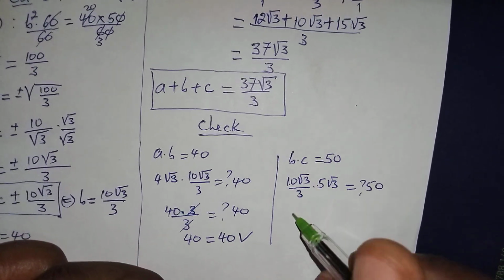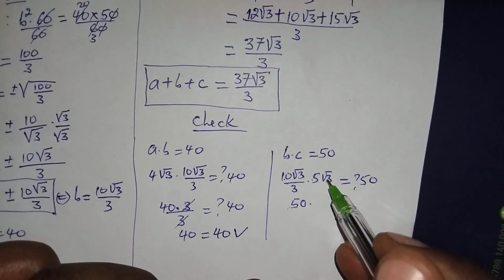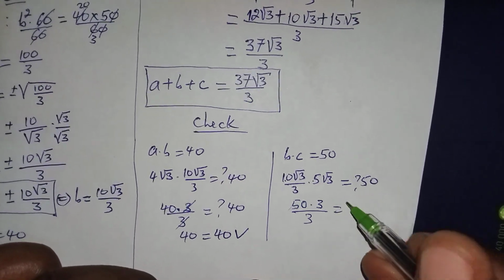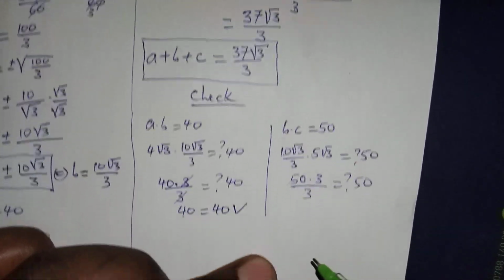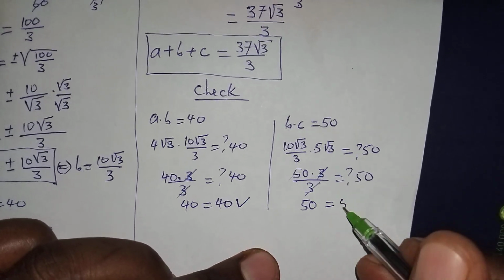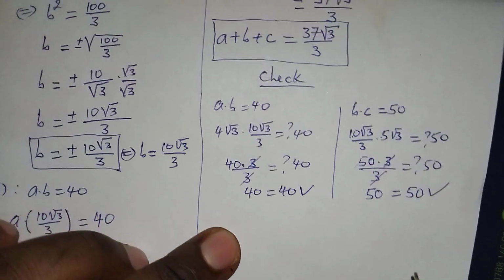This 10 times 5 is equal to 50 times square root of 3 times square root of 3 is equal to 3 over 3. Is it equal to 50? Simplify. So 50 is equal to 50. This is true.